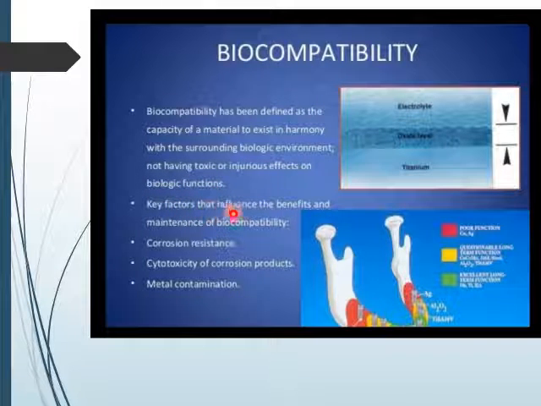Key factors that influence the benefit and maintenance of biocompatibility include corrosion resistance of the material, cytotoxicity of corrosion products, and metal contamination. This is the titanium surface, this is the layer of oxide, and this is the electrolyte.